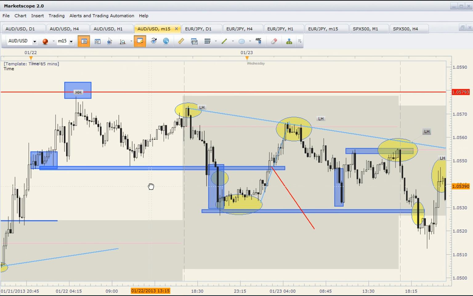So we see that this level holds, and then we see that it creates a lower high. And I see that it comes back impulsively and breaks it and closes below it.